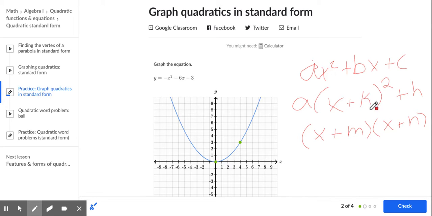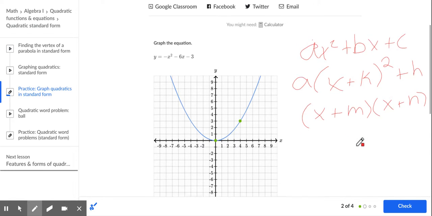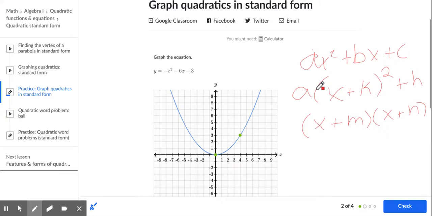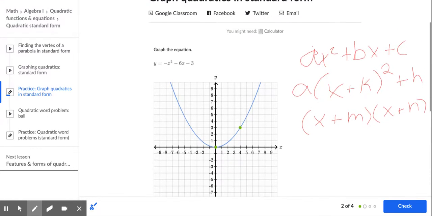So factored form, vertex form, and standard form. And so we'll be talking about each of these in turn this week, but in this video, we're going to be focusing on standard form and what we can find from standard form and how we can graph that. So that is what is going on this week.